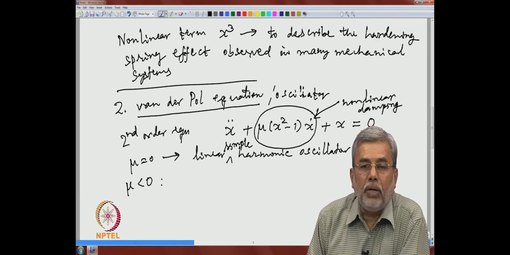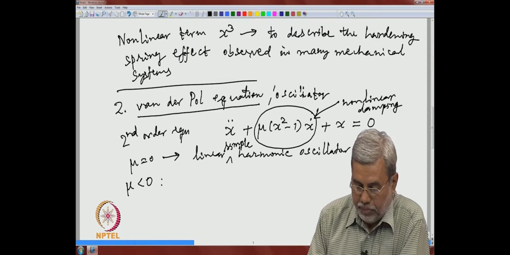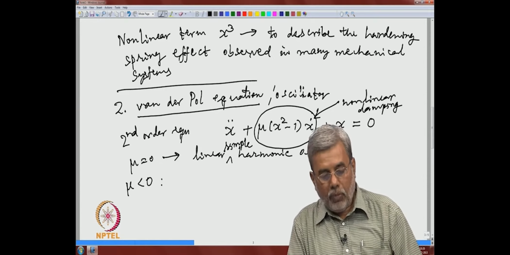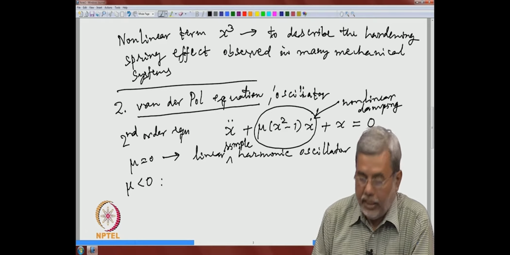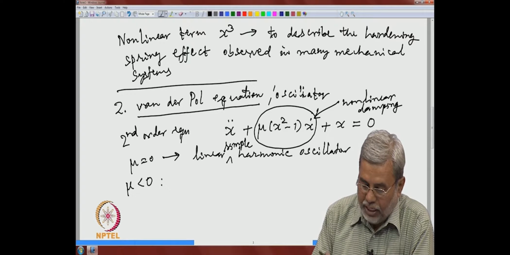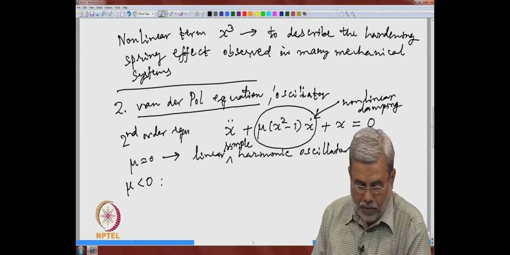So, in spring mass dashpot system, this was a constant, but here this coefficient depends on the solution itself.